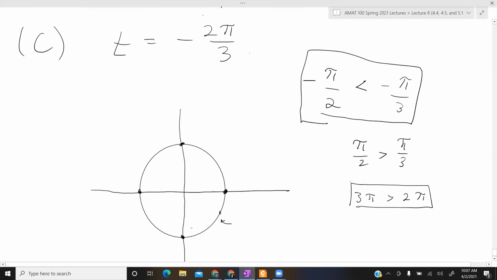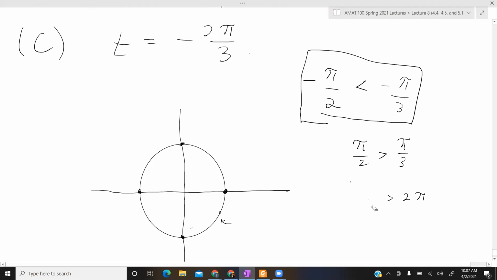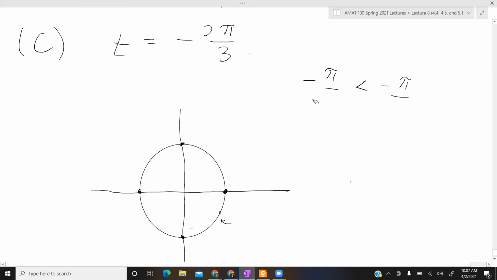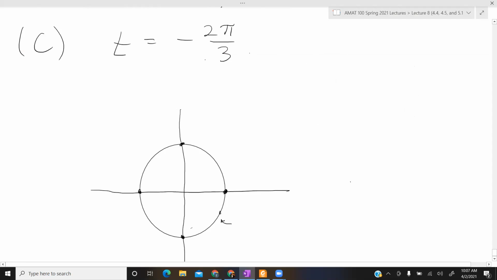Okay, maybe the best way to think about this is to look at absolute values and then just remember the sign. That will tell us how far we travel along the circle, and then the negative sign will tell us which direction. So if we take the absolute value, we have 2 pi over 3. Let's just think about pi over 3.